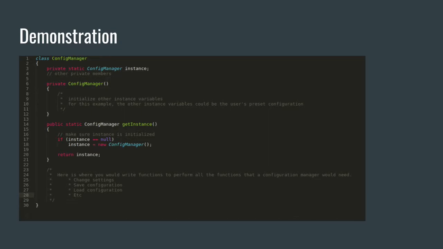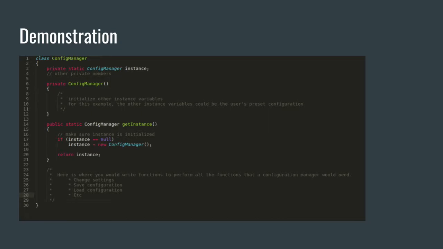We can also have other private members and methods that the instance can access, but everything this class is going to be doing is going to go through the instance member variable.